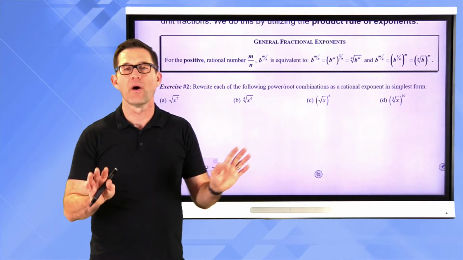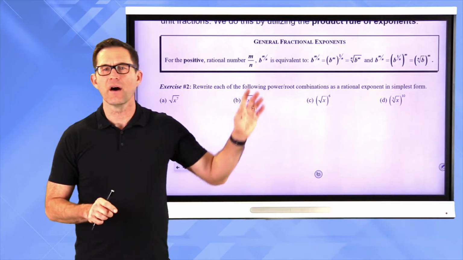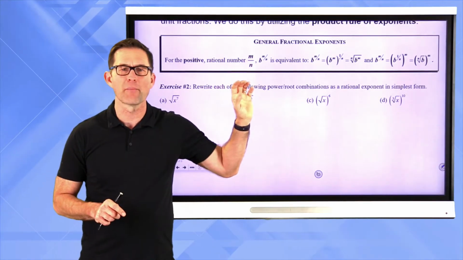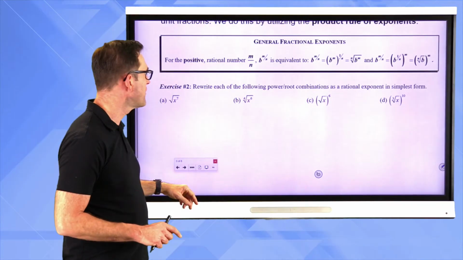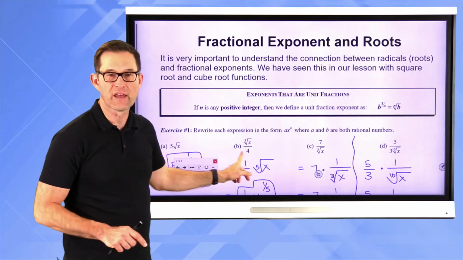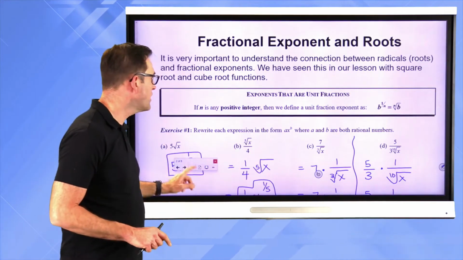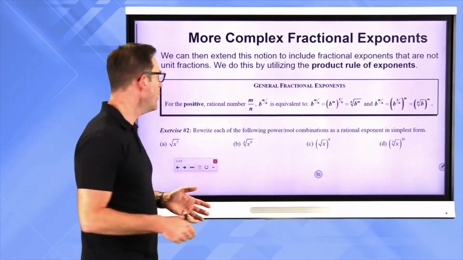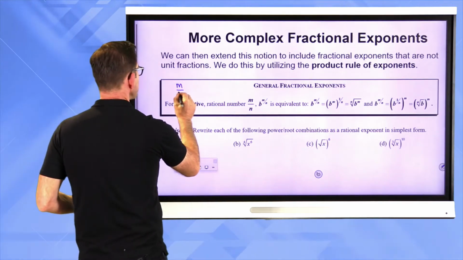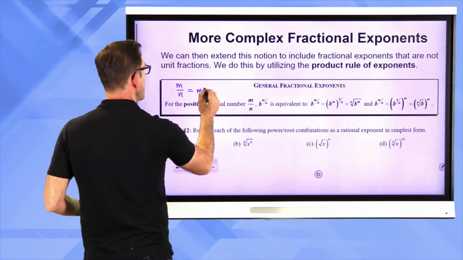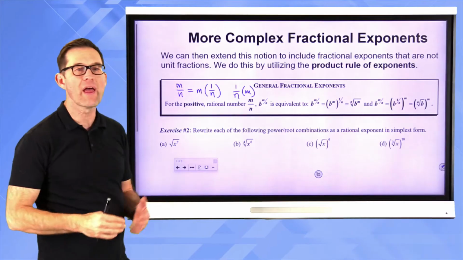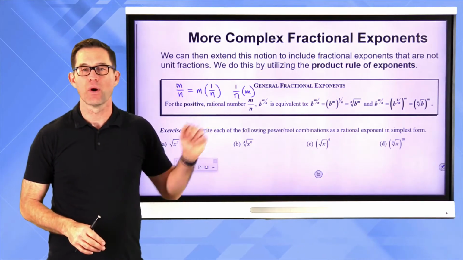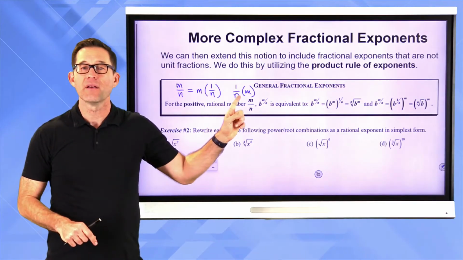So before we move on, I always have students who, when they have a fractional exponent, can't remember whether the numerator is the root or the denominator is the root, and yet they don't seem to have any problems with things like this. So it's really key to understanding something. If you have a fraction like this, it can be thought of as this, or as this. So m over n can be thought of as m times 1 over n, or 1 over n times m.